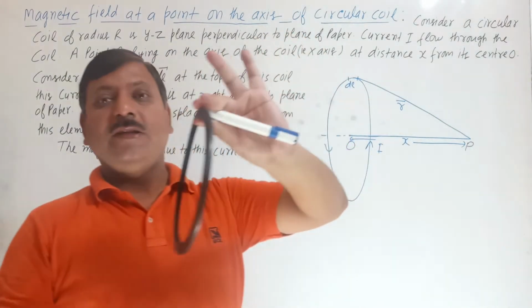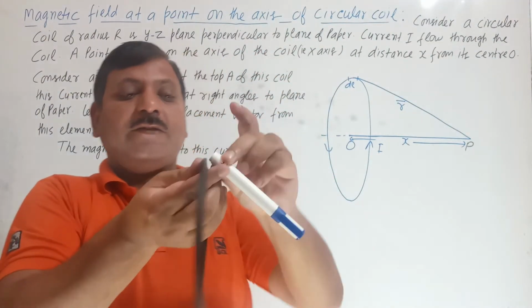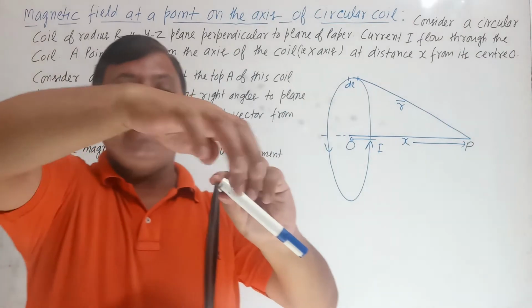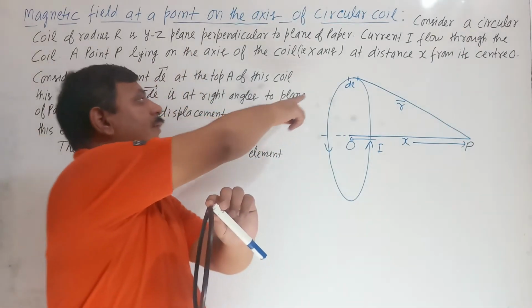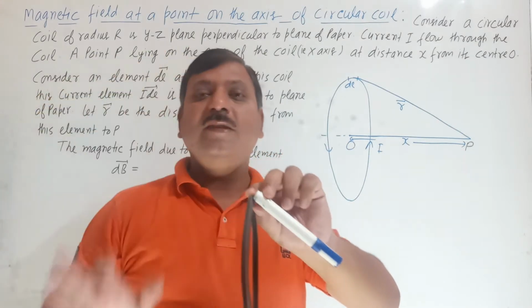Here, this is the current element and this is vector r. If you see this angle three-dimensionally, actually in the figure you cannot see it, but three-dimensionally this angle is 90 degrees.